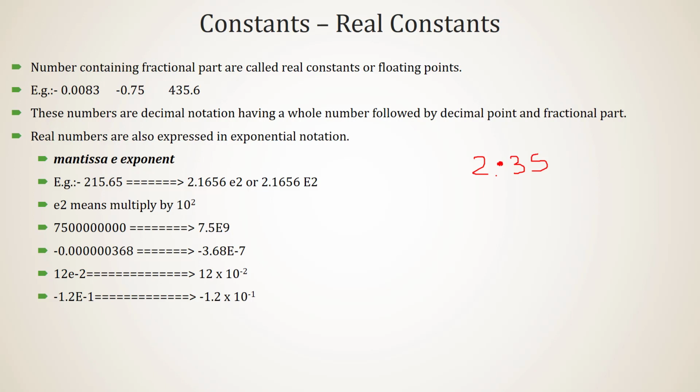So here I have 2.35. This entire thing contains three parts. There is a whole number, 2 is the whole number, followed by a decimal point, and followed by a fractional part. This 35 is the fractional part.